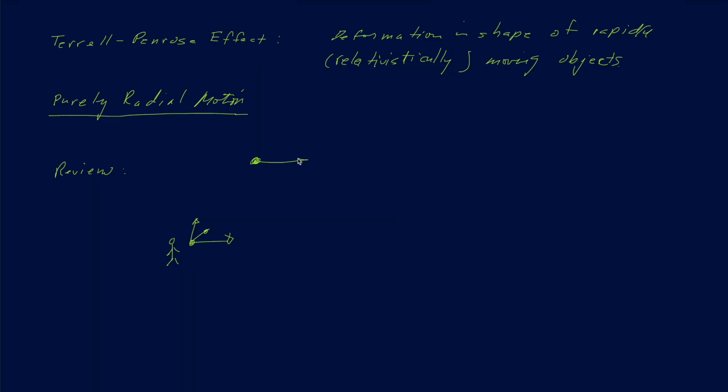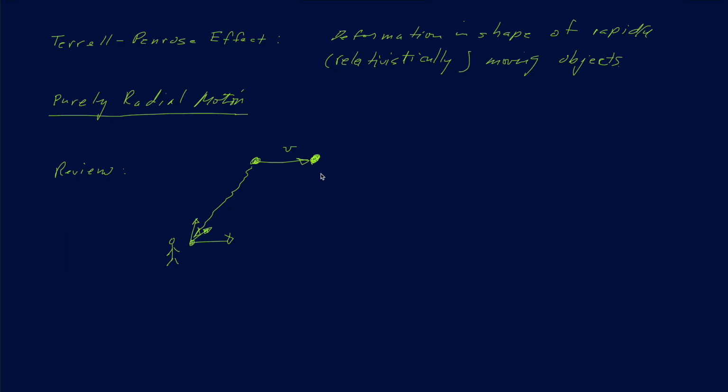We have a single point source of light moving at a velocity v. Okay? So, at a certain time, this point source emits a ray of light, and this ray of light makes its way to the observer. And at the point that it reaches the observer, the point source has moved to here.